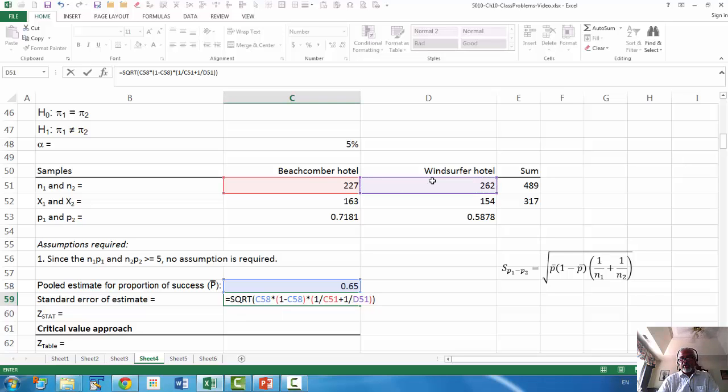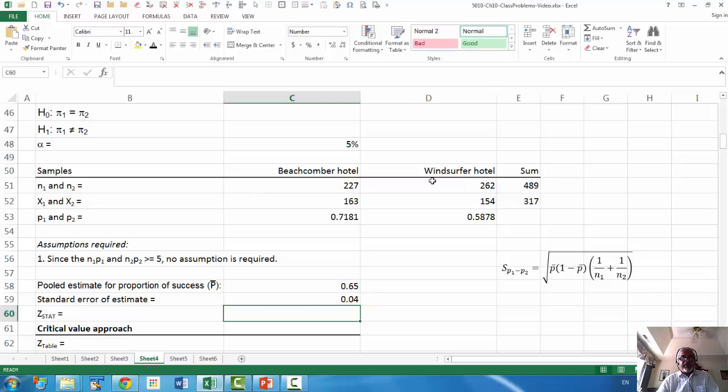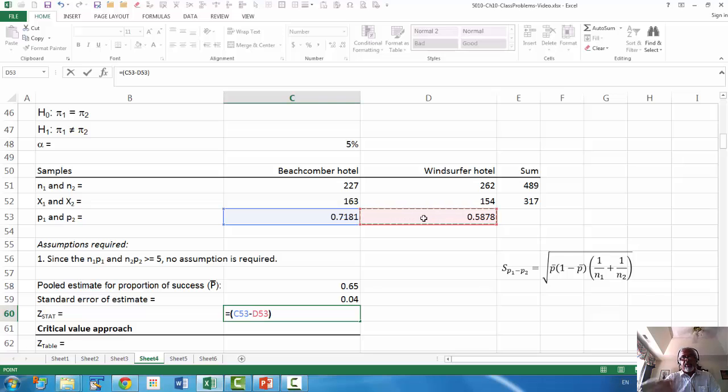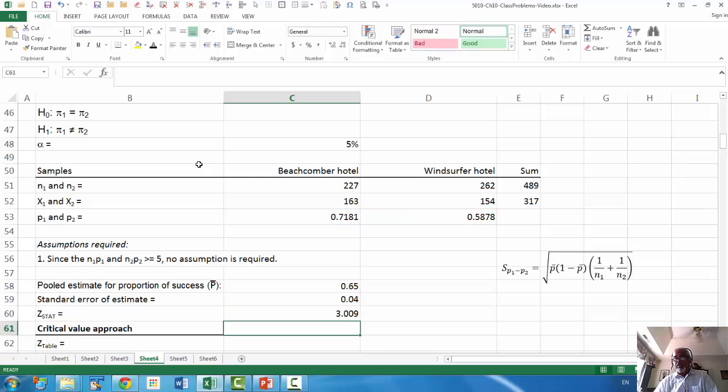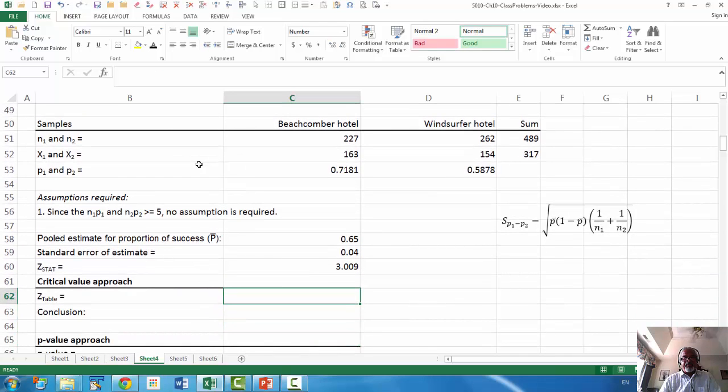So we need one more right bracket. That gives us the standard error, and then the z stat would be p bar sub 1 minus p bar sub 2, and minus 0. The right hand side here is 0, so you don't have to do that. And then divide by the standard error of estimate, so that gives you the z statistic.